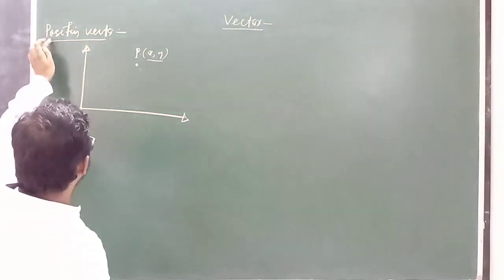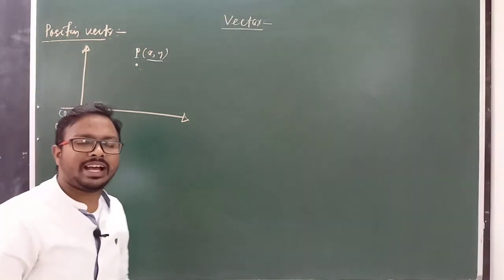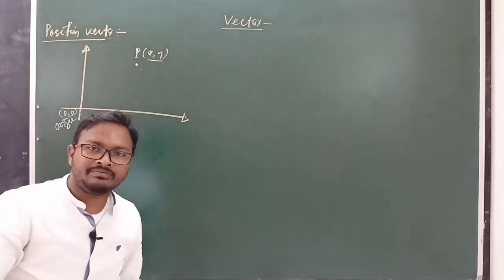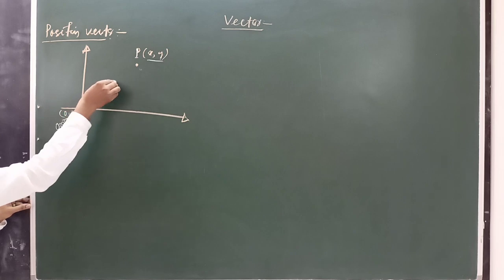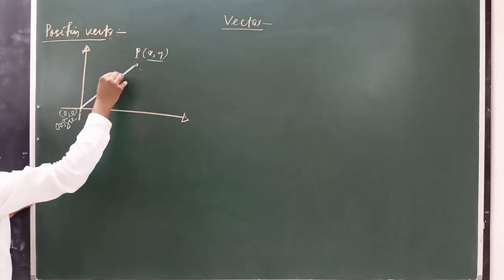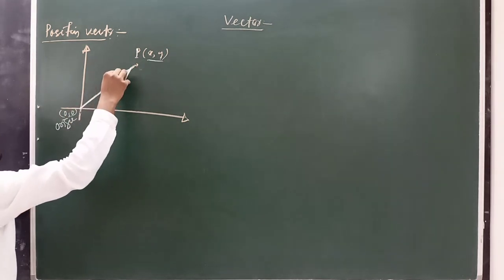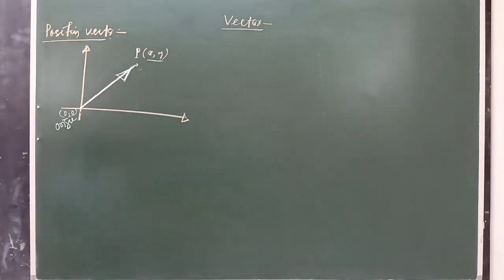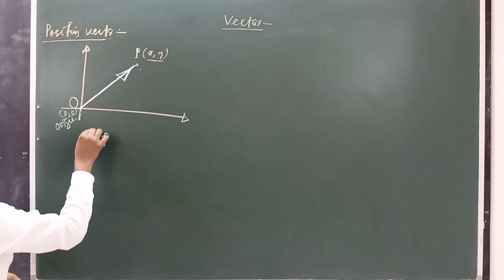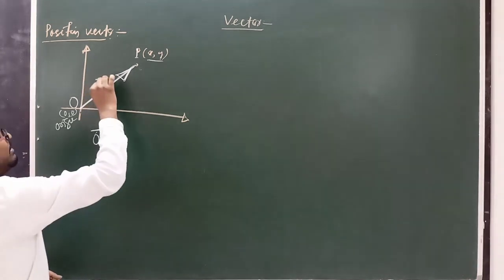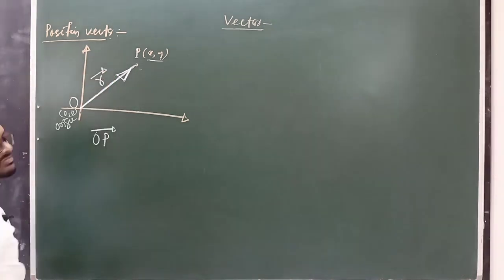Now we have to find what the position vector is. First we choose an origin, then draw a straight line from the origin to that point and mark a vector symbol. This is known as the position vector. Suppose the origin is O, and the vector OP I am writing as R vector.